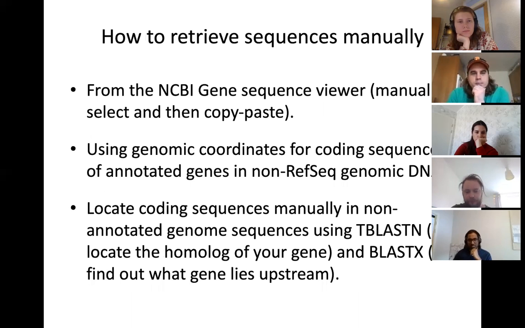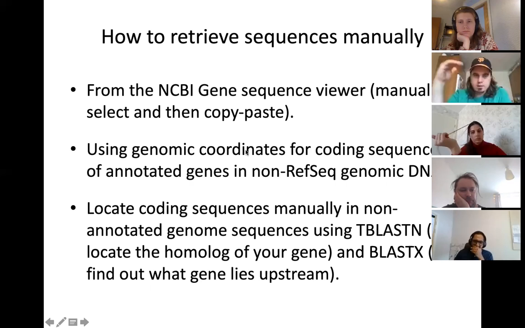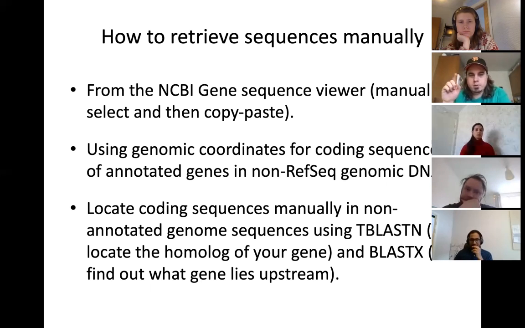When it comes to promoter sequences, it's a lot of work. The simplest way, if you have genes in the gene database of NCBI, is to go in. You remember the sequence viewer window, where you can see your gene, and then you can copy and paste the sequence between your gene and the gene upstream. You can also go into the genomic DNA sequence record and look at the genomic coordinates for your gene and the gene upstream, and then select which part of the DNA sequence you like.